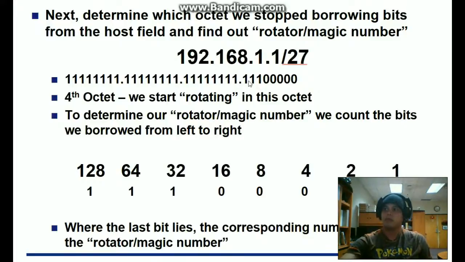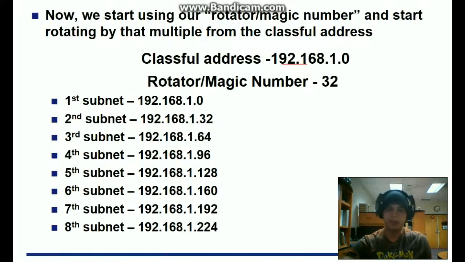So we have 3 bits right here. Apply that to our chart, and that is our rotating number. All right, and that is how we get our magic number, and we start our rotation. And that is how you calculate subnet IDs.